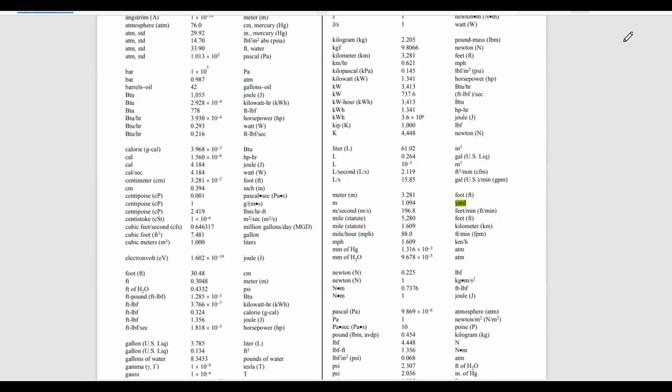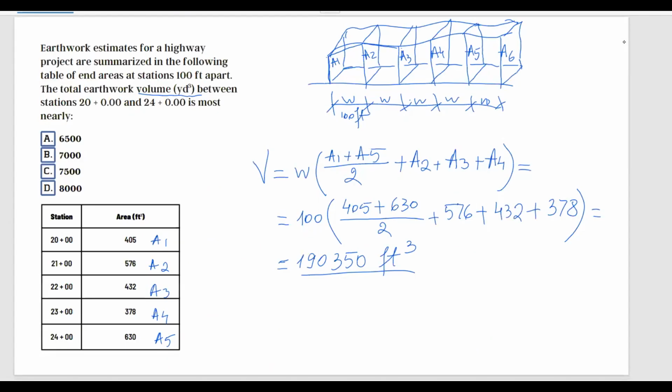We're given here, in order to transform from meters to yard, you have to multiply by this. But one thing to remember, and it's not very tough, is that 1 yard is equal to 3 feet. Which means that 1 cubic yard equals 3 cubed, which is 27 feet cubed.